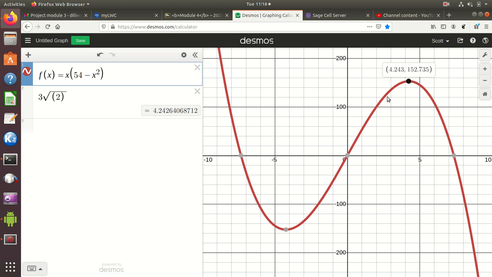And so we got it. There is the maximum, and it is indeed at x equal to 3 times square root of 2, and y then equaling 36. Okay, so that was exercise 8.